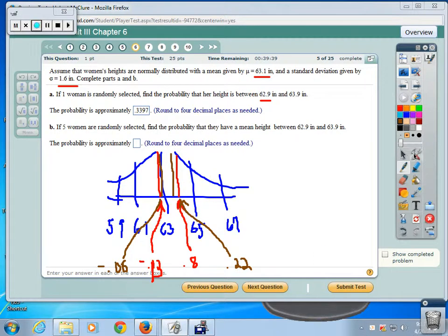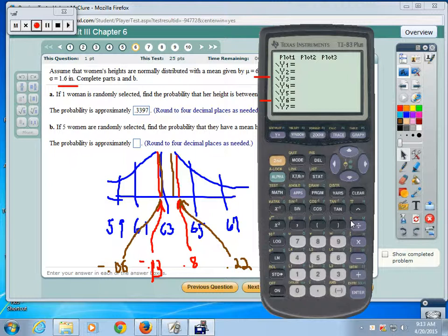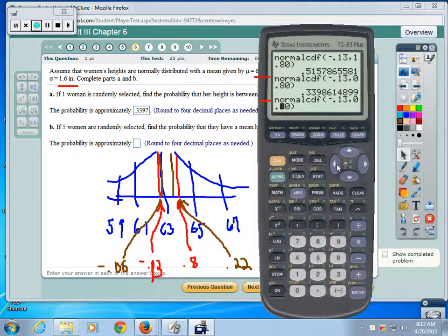And you take your handy dandy calculator, negative 0.06 to 0.22.